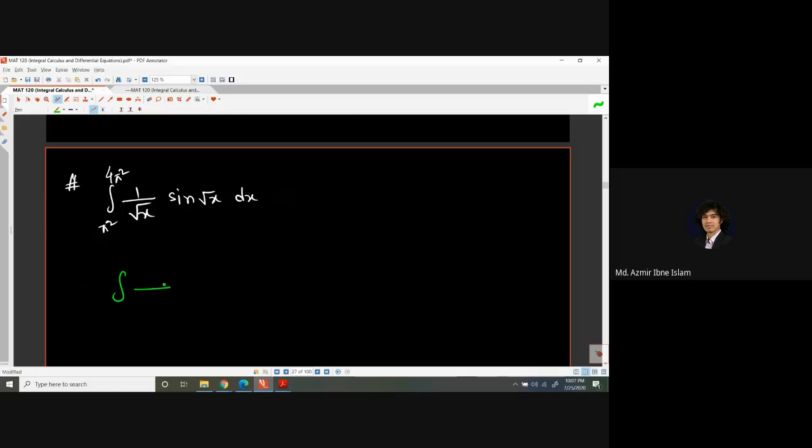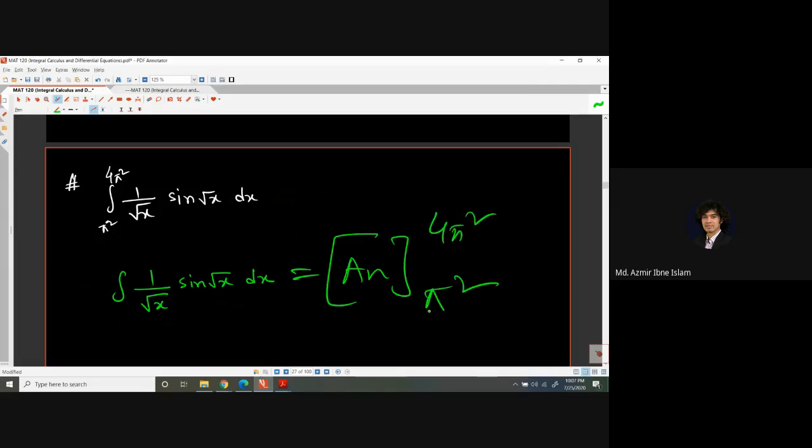So the indefinite integral here is 1 over root x sine root x dx. We can solve for this one first. Then after having the antiderivative, we can apply the upper limit 4 pi squared and the lower limit, that is, apply the fundamental theorem of calculus, F(b) minus F(a). So this is how we can solve definite integrals.